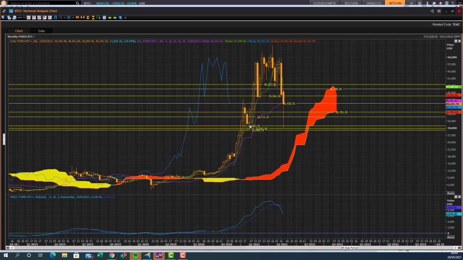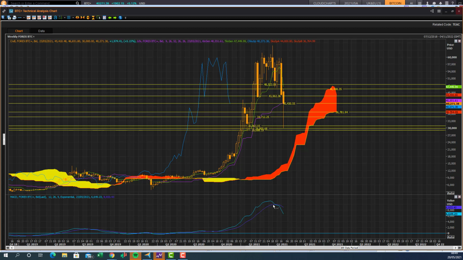You can see that support zone coincides well with the daily one, and then it managed to rebound from that level. We're back up here at 40 at the standard line or baseline of the cloud. It will be interesting to see if we get a follow through of this rebound further. And then we have these upside resistance targets, 43,562, and then the top end of the cloud, pretty much close to 48,000. So these are the levels to watch out for.